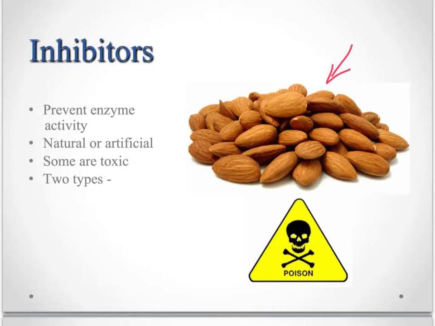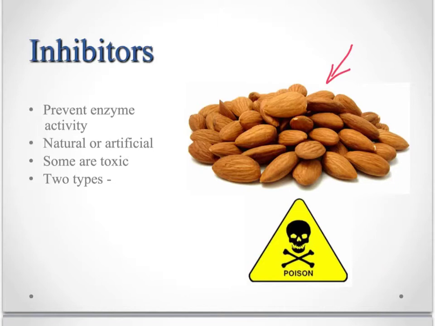The only way that these inhibitors are removed is with large amounts of water and very often things like bacterial action. So really these almonds need to be in the ground for some time for those inhibitors to be leached away or broken down, and then the almond itself will start to grow.